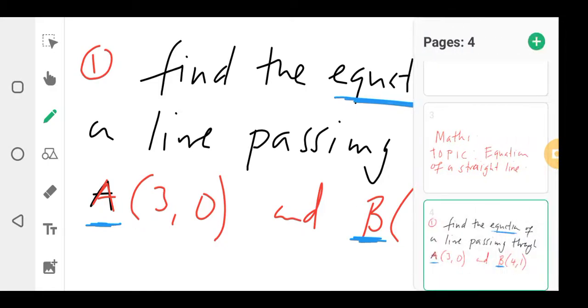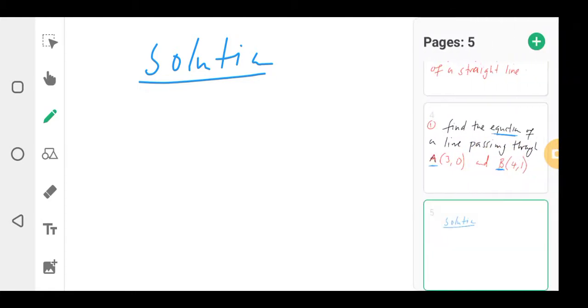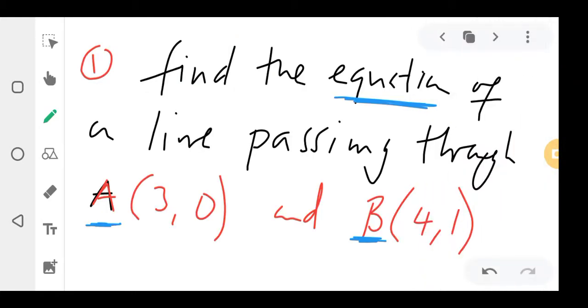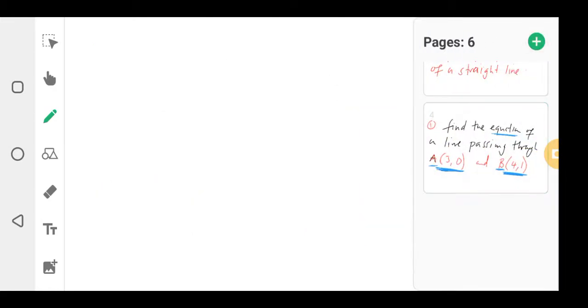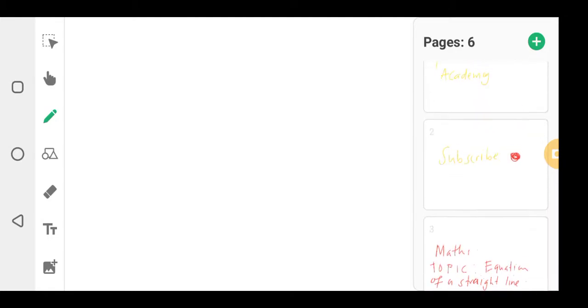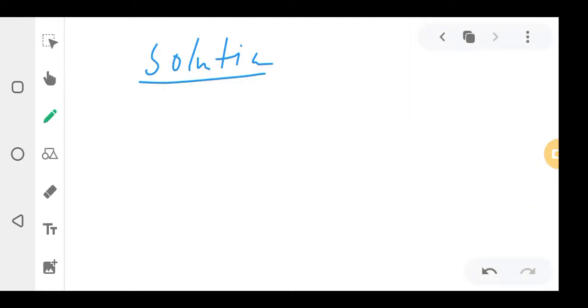The solution: the first thing that you do when they give you 2 points, not 1 point but 2 points, like there's this point here and this point here, point A and point B, is that before you start solving, you find the gradient of those points.